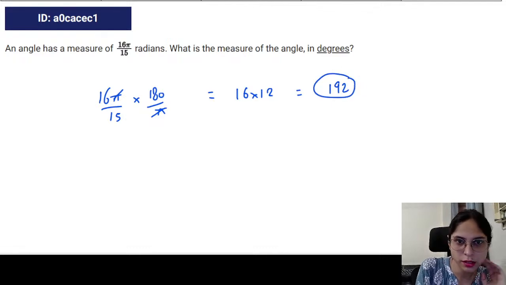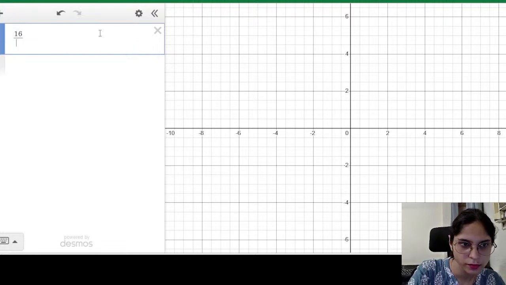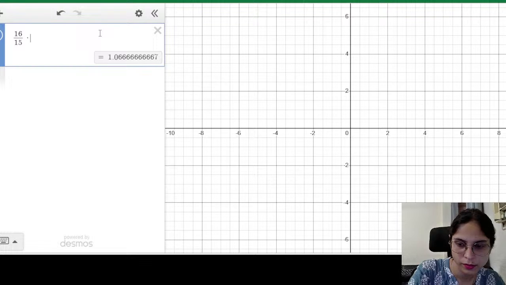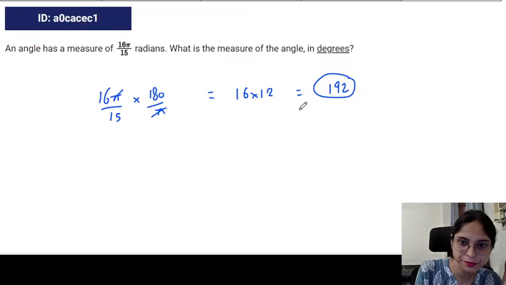You can use Desmos for this. You will get 180. It has cancelled pi automatically. Alright, so that's the conversion.